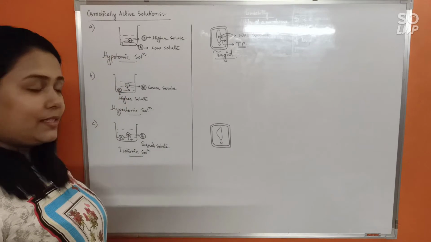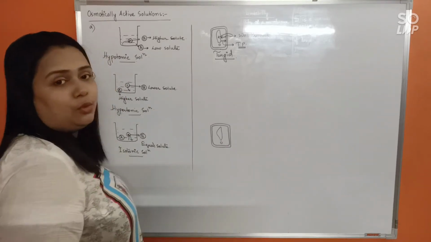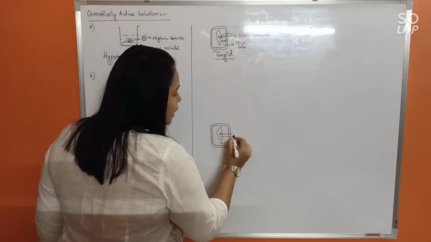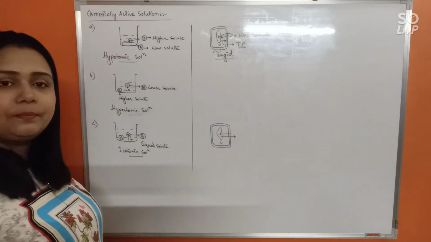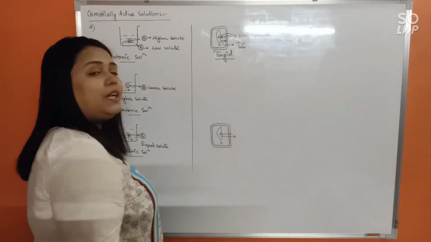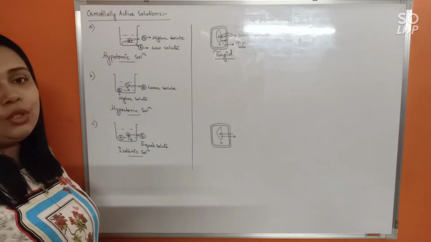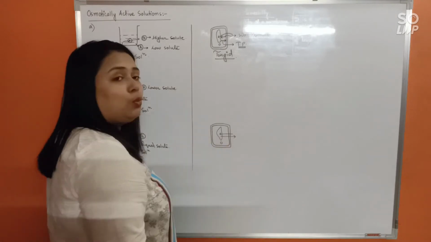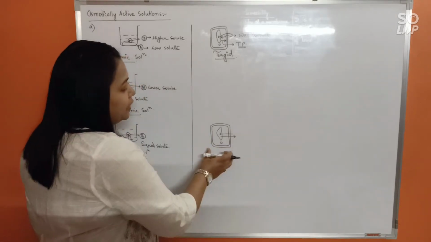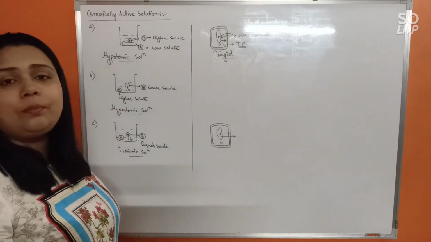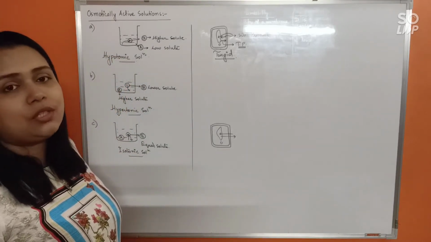In that case, the amount of water running inside is equal to the amount of water running outside, right? So, will there be any turgor pressure generated? No. And in case there is no turgor pressure, obviously there will be no wall pressure, right? So, in such a situation, the plant cell won't be able to retain its turgidity anymore.